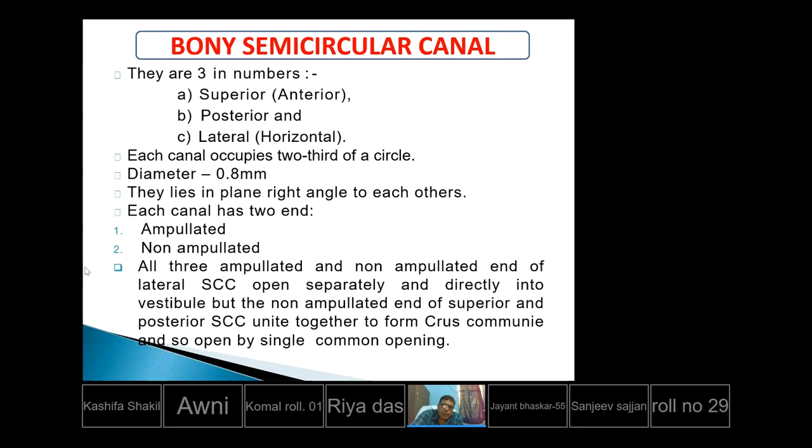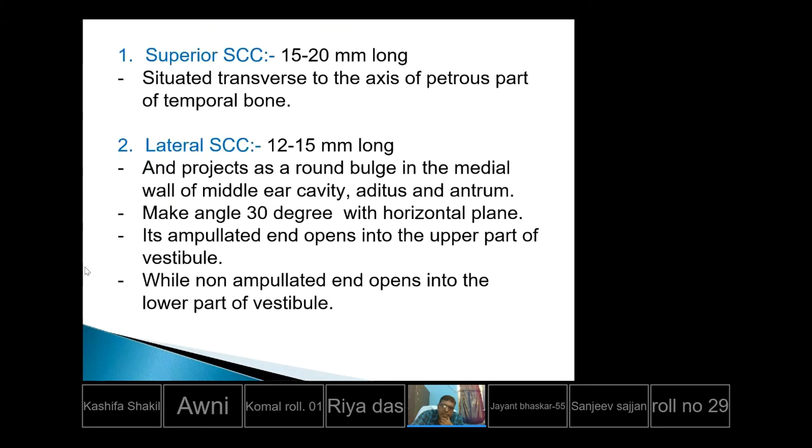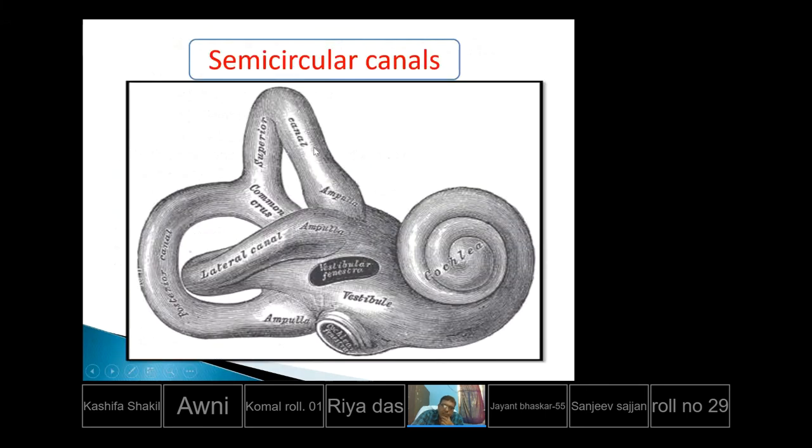Each canal has 2 ends, the ampullated and the non-ampullated. So the ampullated ends of the superior and posterior canals are shown here. This is the posterior and lateral semicircular canal. This is the ampullated end of the lateral semicircular canal.